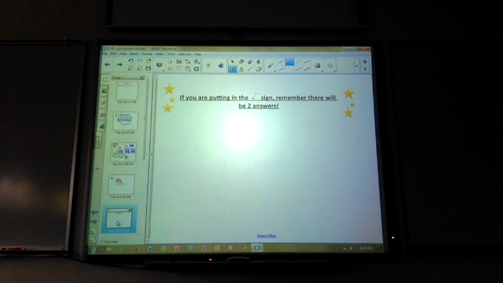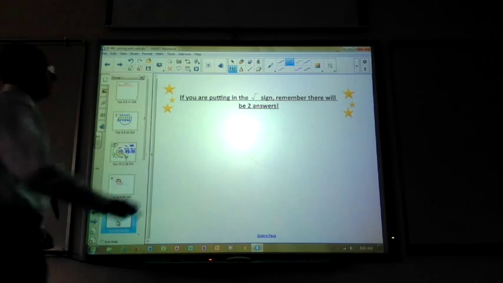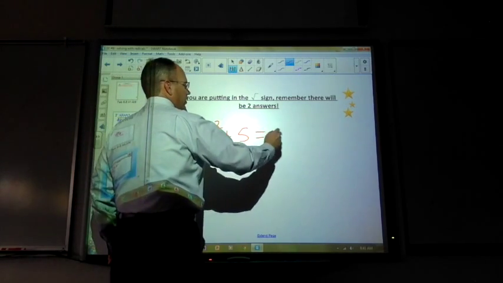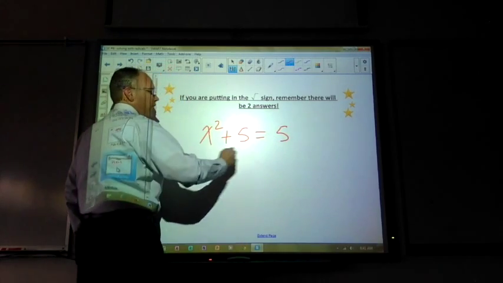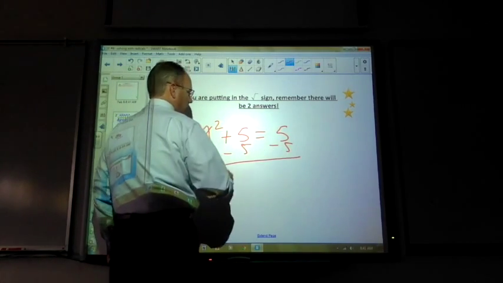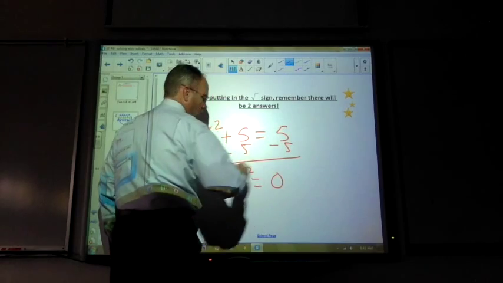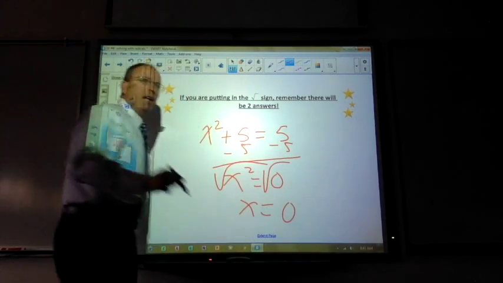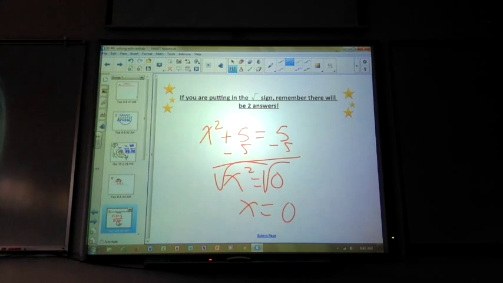If it equals 0. Yes. So if you had x squared plus 5 is equal to 5, and you subtract 5 from both sides, you get x squared equals 0, and the square root of 0 is 0. Some people ask, can't you put a plus or minus? No, it's neither a plus nor minus.